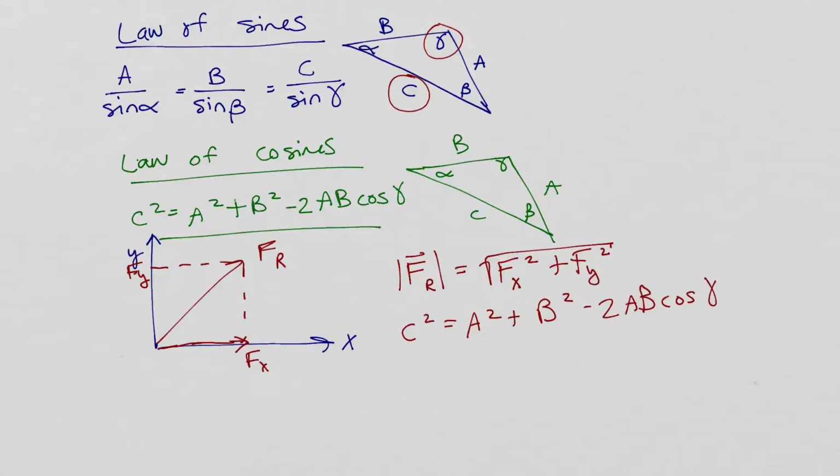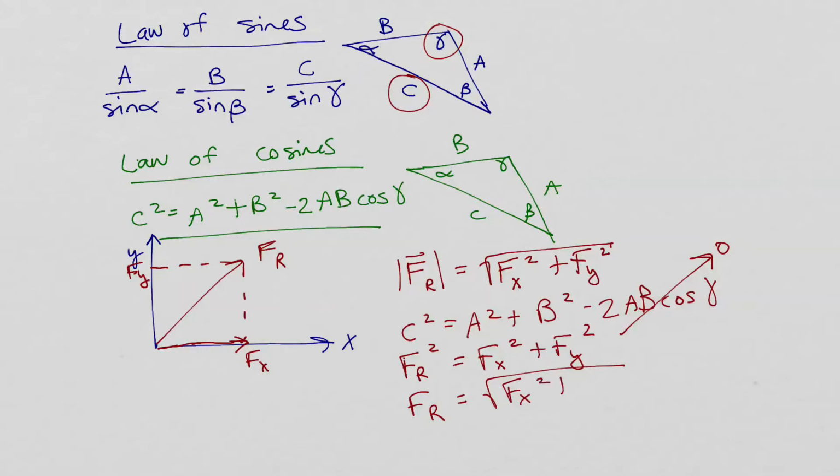If gamma is 90 degrees, which it is here, this term just goes to 0. So c squared equals a squared plus b squared. If we rewrite that for our equation, that's F of r squared equals Fx squared plus Fy squared. So F of r equals just the square root of F of x squared plus F of y squared. So it's just a special case when you have things that are 90 degrees from each other.